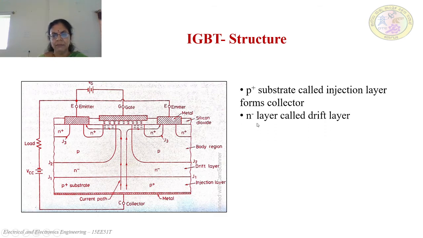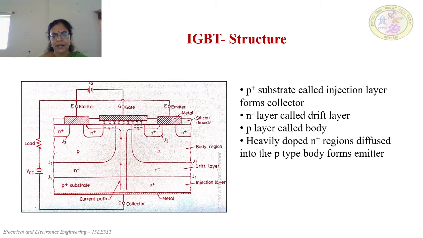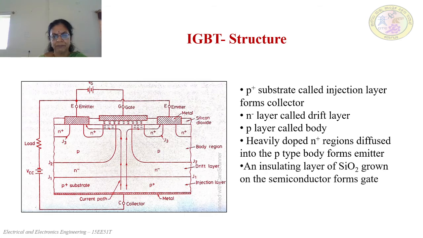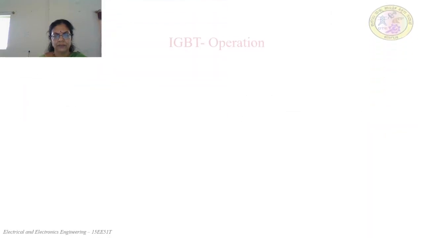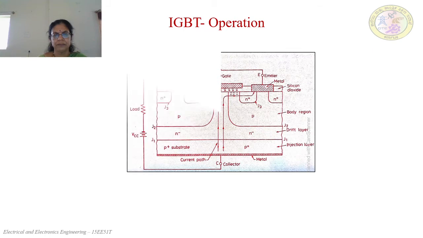Then you have the N minus layer called the drift layer and the P layer called the body, and a heavily doped N plus region diffused into the P type body forms the emitter. And as I just said, an insulating layer of silicon dioxide is grown on the semiconductor which forms the gate.